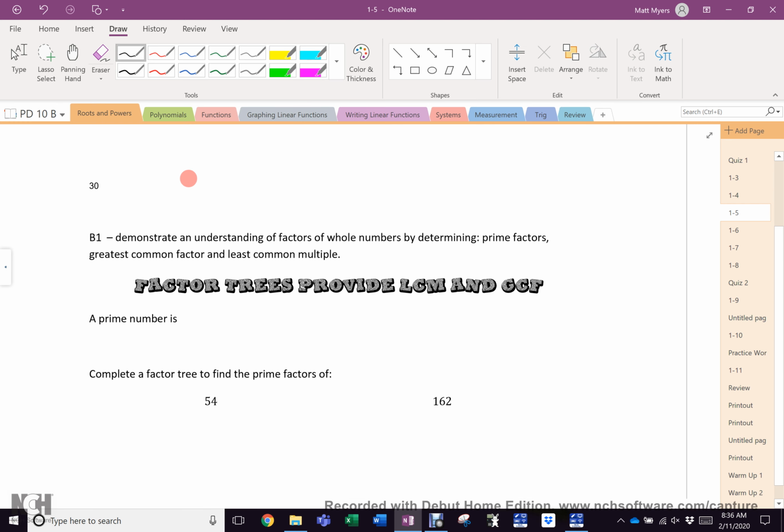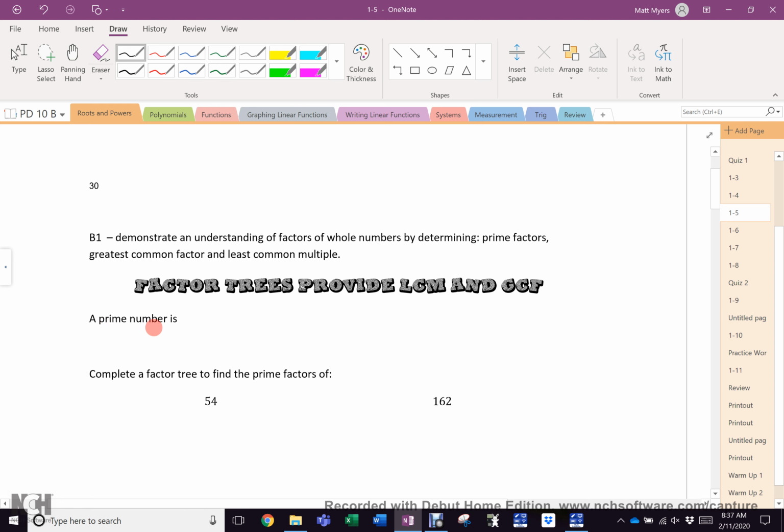Could we do this? Are these factors of 12? Why? Look. Right. So that's another way to factor. Everybody understand? It means a lot of stuff. Okay? All right. So for our purposes, we are going to be using factor trees, and we are going to be finding prime factors.